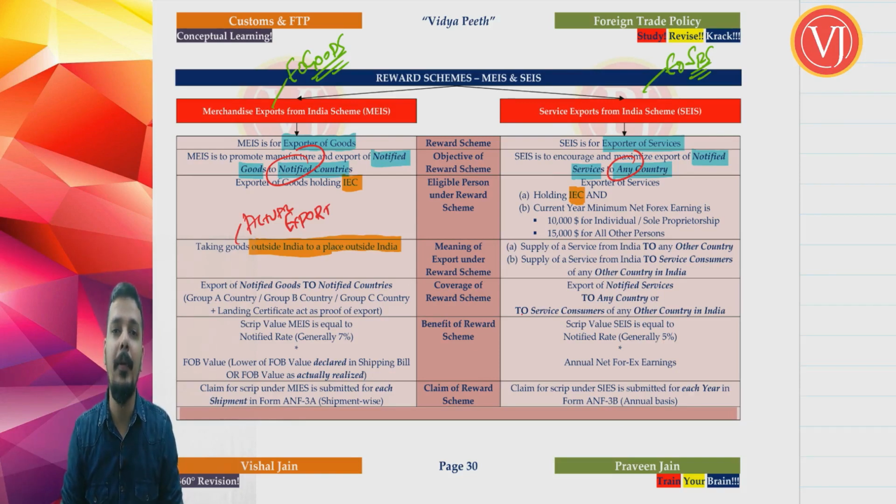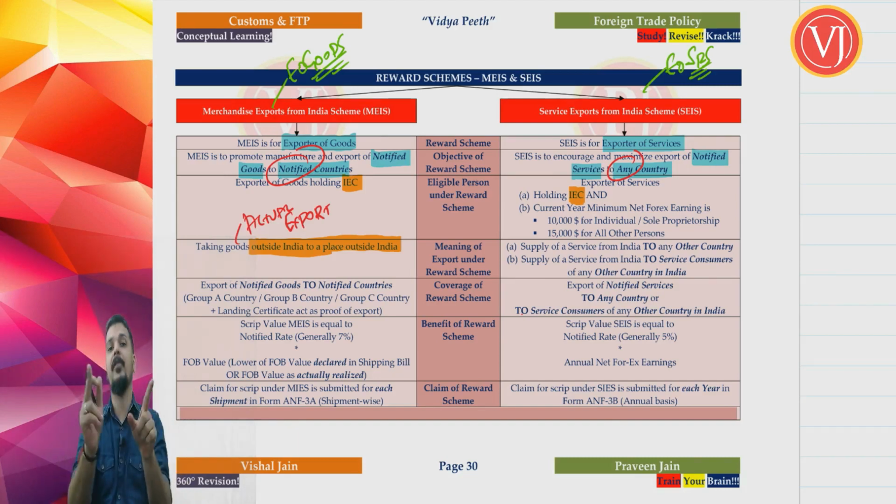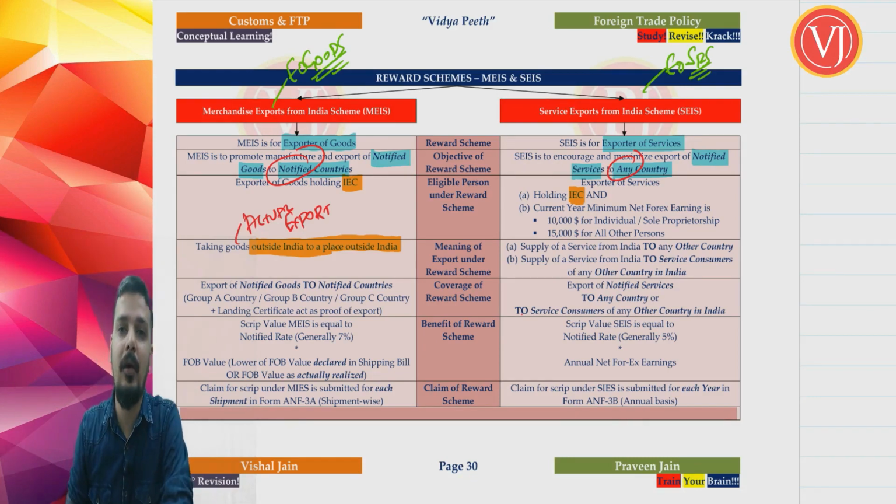You should be holder of import-export code. So all the benefits of FTP will be given to exporter of services only if that exporter of service is holding import-export code at the time of export of service, not later on. Plus that exporter of service should receive a particular amount for that export of service.